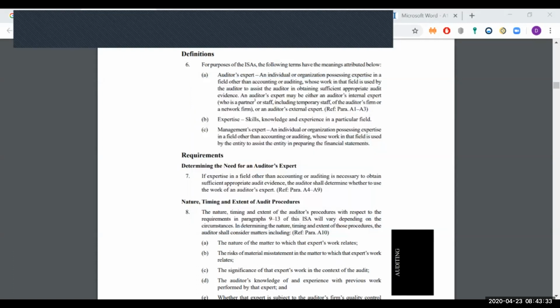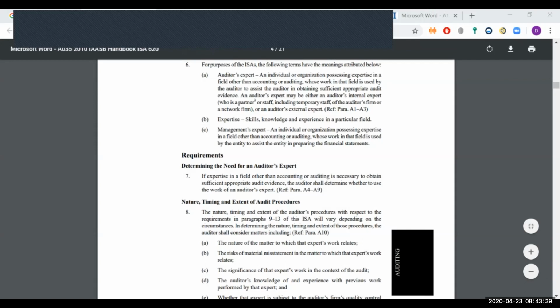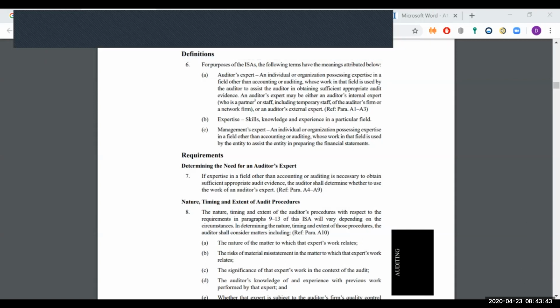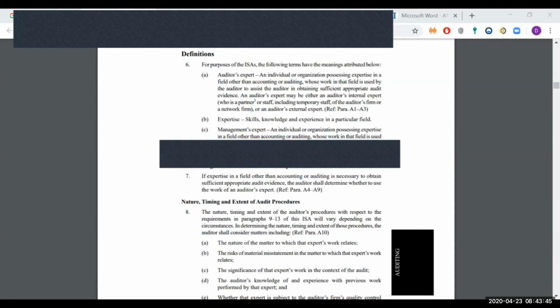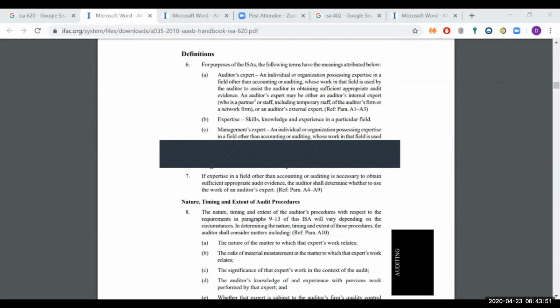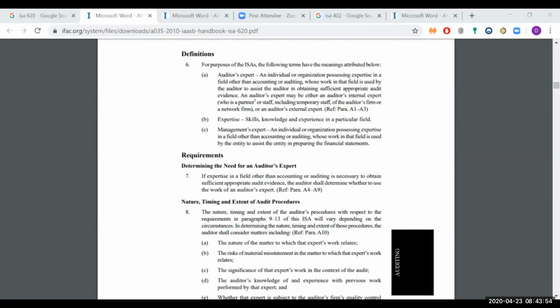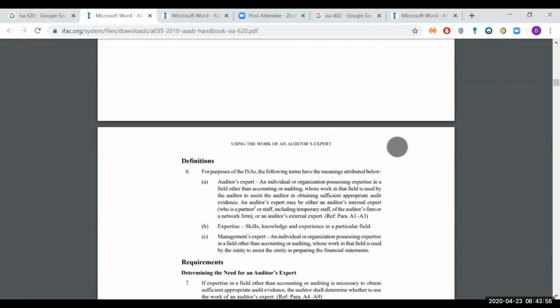It's blurred. I'm not so sure what I can do about it now.